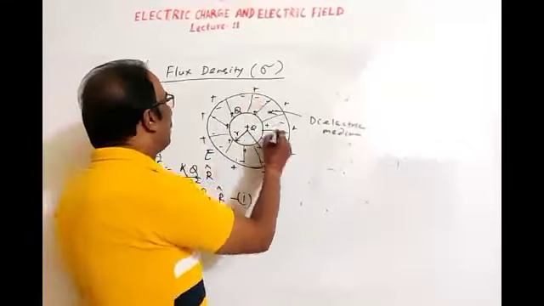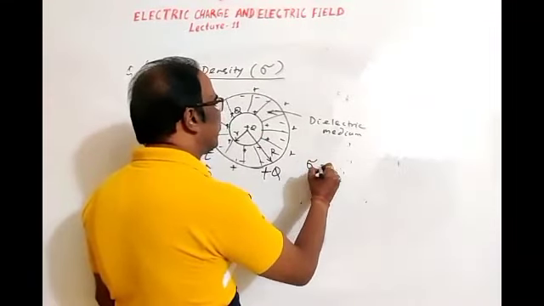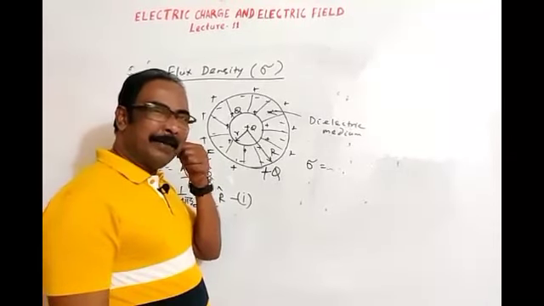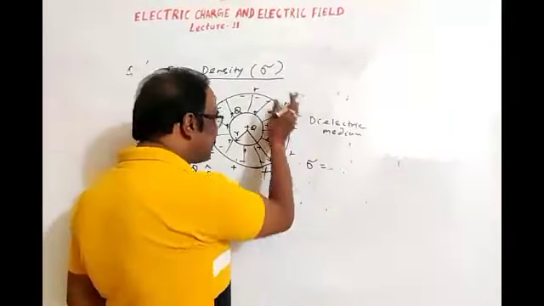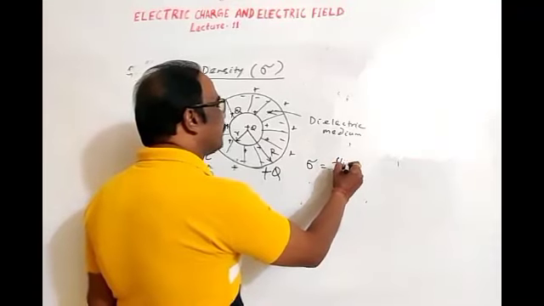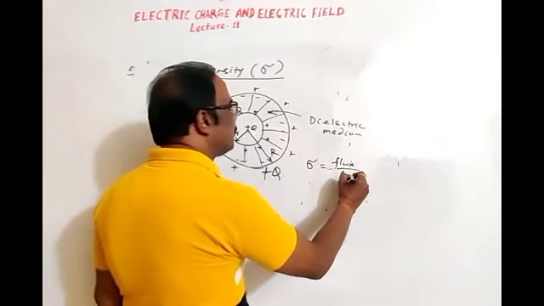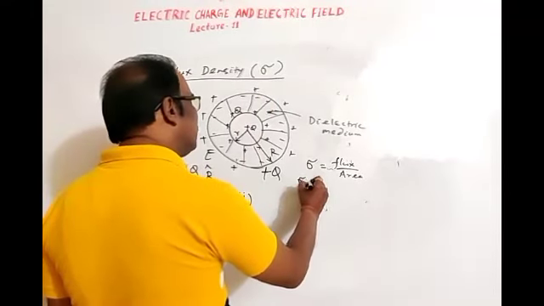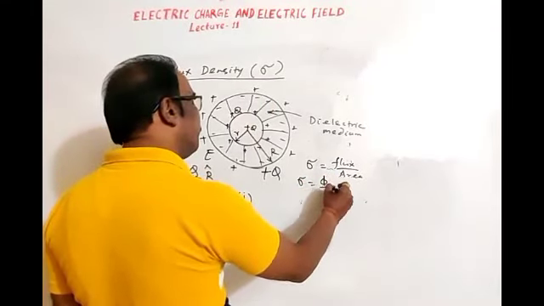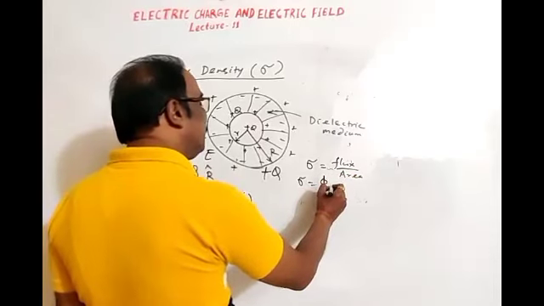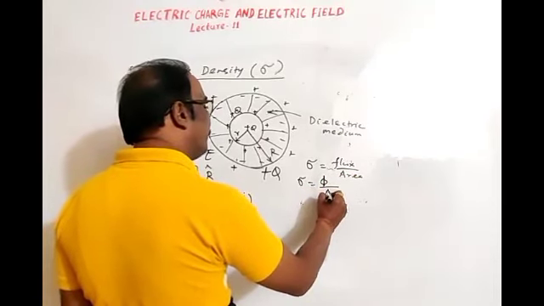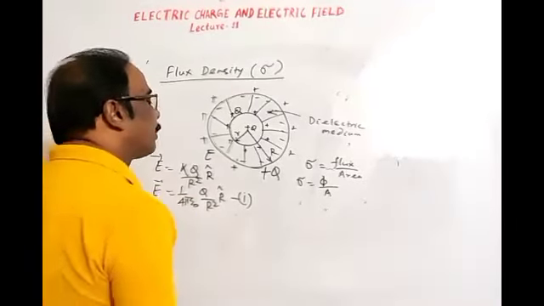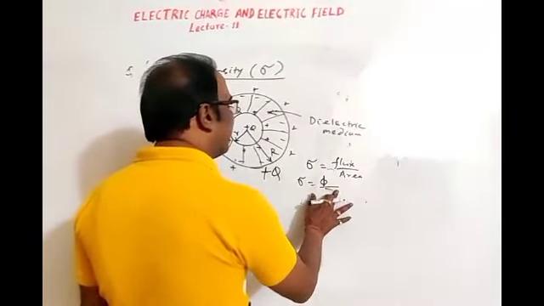Then flux density: total flux per unit area. Flux density is flux per unit area. Let's take A, or we may take 4 pi R square.